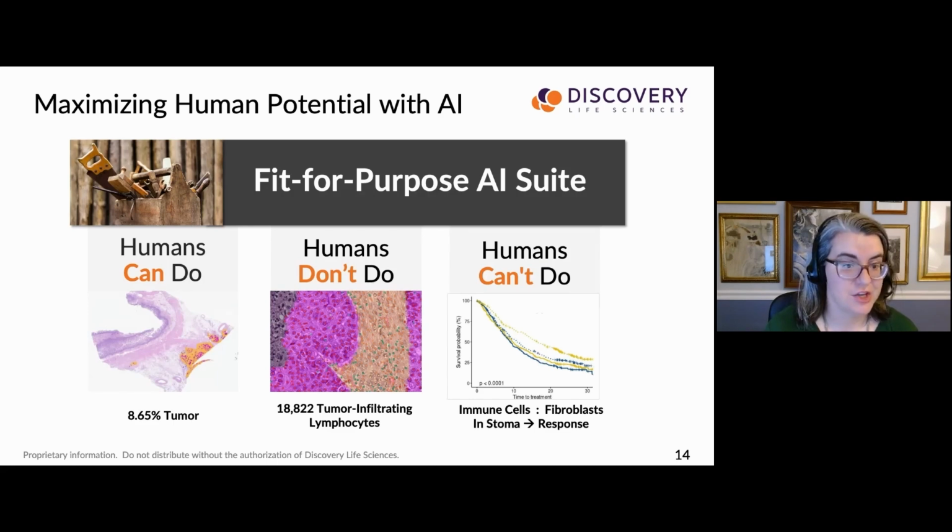AI doing something that humans don't do, counting the number of tumor infiltrating lymphocytes, which in this picture is 18,822 on that full slide. And then lastly, AI coming in and doing something that humans can't do, which is identifying novel predictive biomarkers in the H&E image. And the example we gave was a biomarker tied to the ratio of immune cells to fibroblasts in the cancer stroma, predictive of both progression-free survival and overall survival.